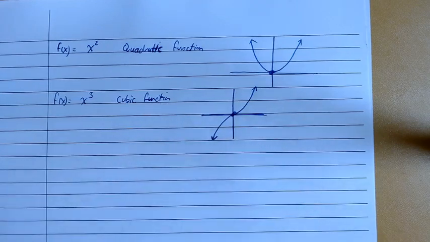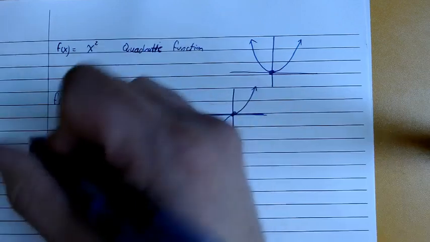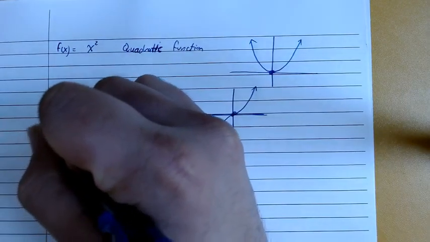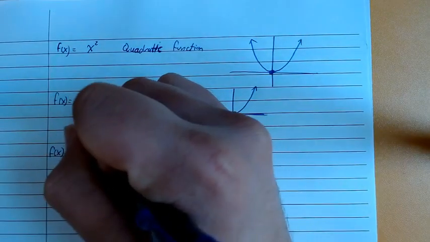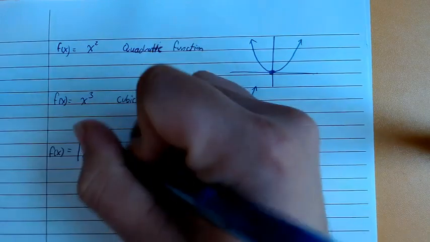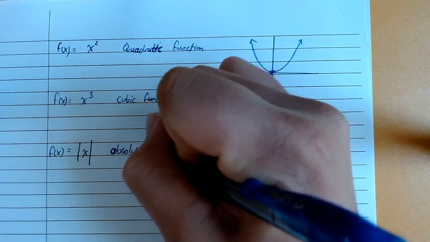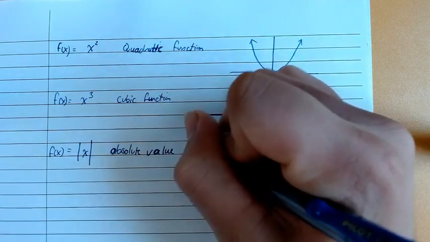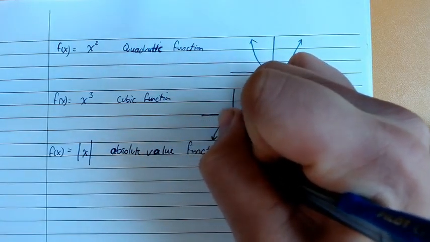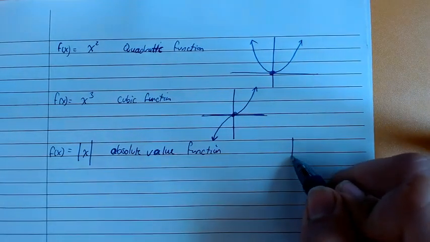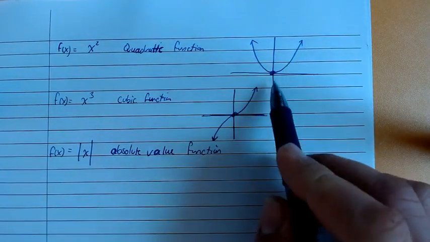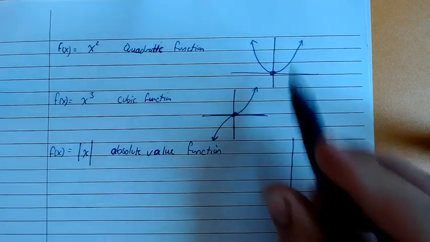Okay. The next one we're going to look at is the absolute value function. f of x equals the absolute value of x. This is called the absolute value function. The shape of the absolute value function is a lot like the parabola, but the lines are straight instead of curved.